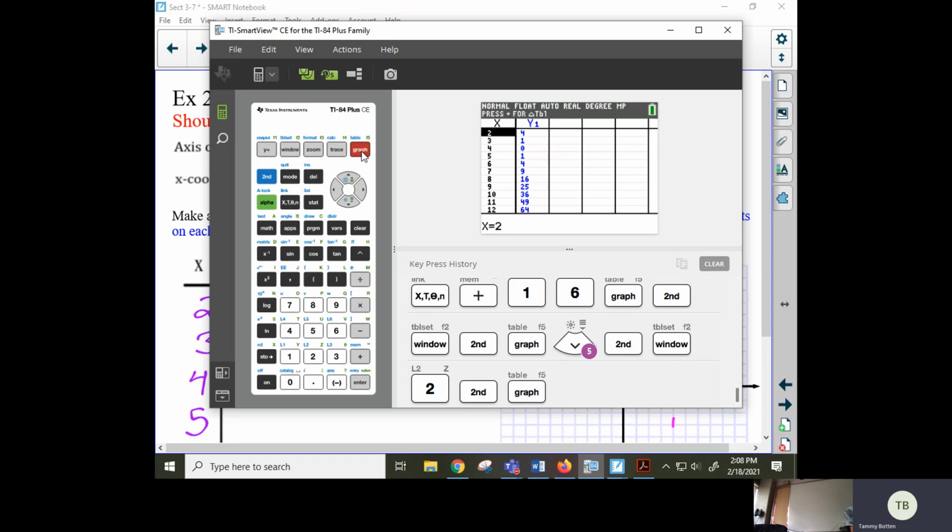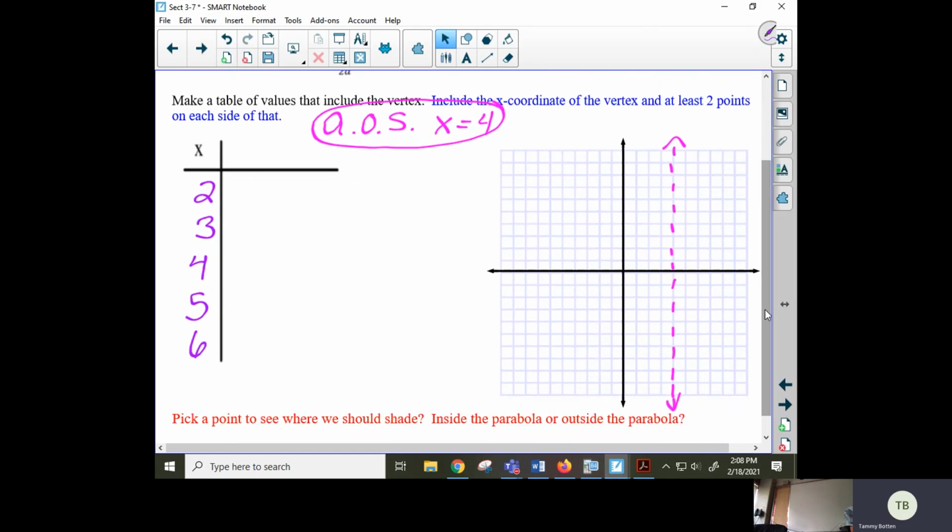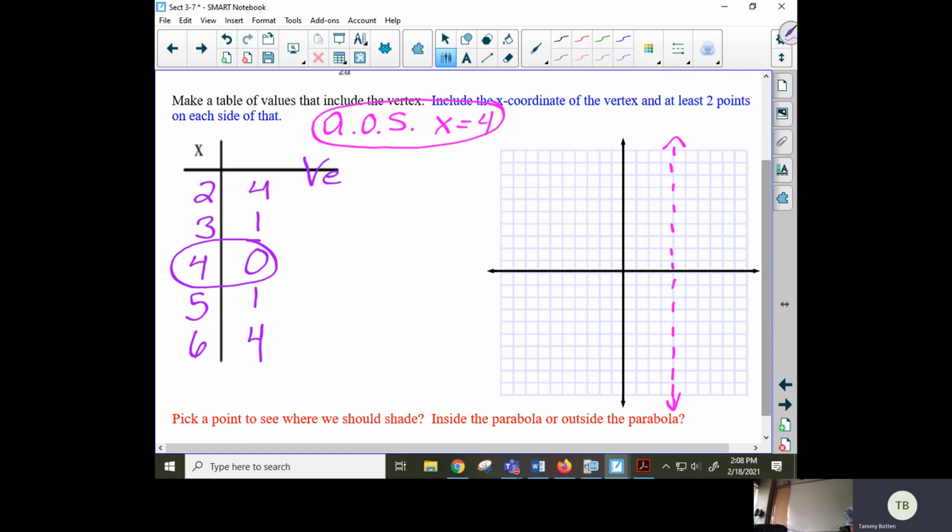So again, this time we're getting the points 4, 1, 0, 1, 4, which is what we got the first time also. This is my vertex. So we're going to write that down. Okay.